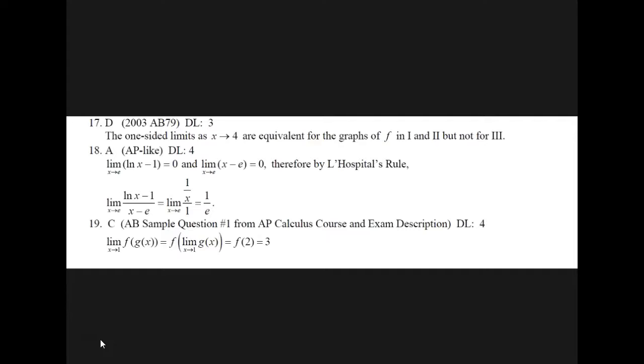So what you can do now is take your score out of 19 and multiply it by 2.85. So let's say you got 11. I would give you a 31.